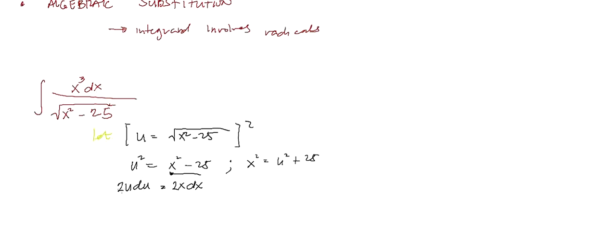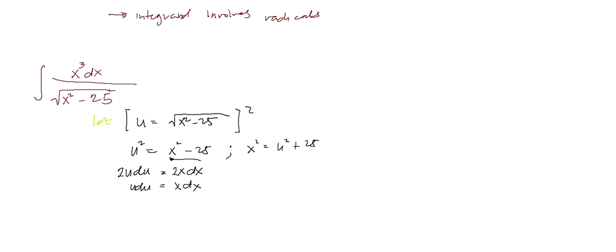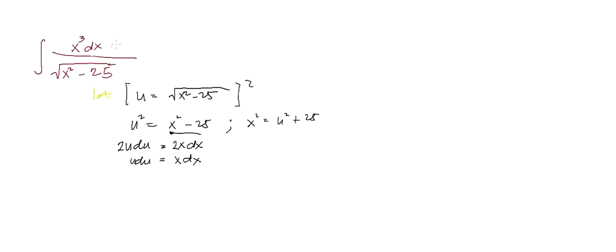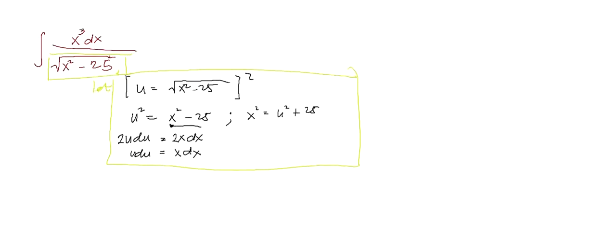You can now simplify this by dividing both sides by 2. We have u du equals x dx. So we manipulate the radical in our denominator and come up with these values, right? After that we can substitute all our integrand in terms of u.